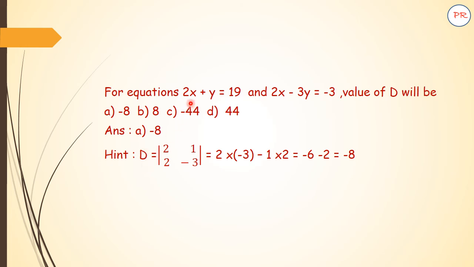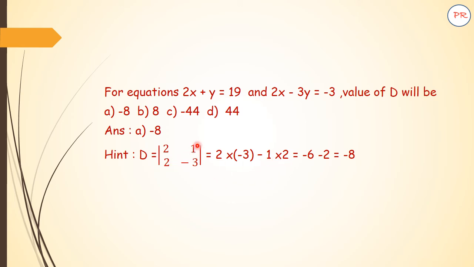Let us see how to do the calculation. For this we have to consider the coefficients of the first equation and the second equation. Here the coefficients are 2, 1, so I have written it as 2, 1. In the second it is 2, minus 3. So according to the rule, the value will be 2 multiplied by minus 3 minus 1 into 2.